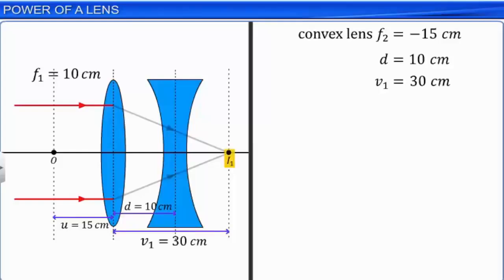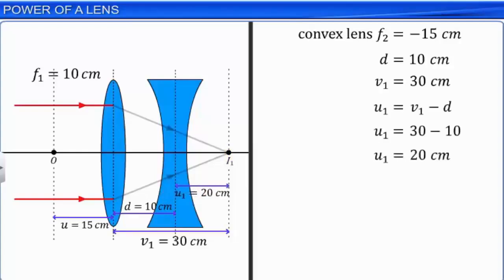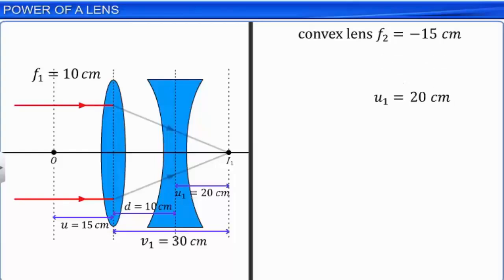If the final image is at a distance V from the concave lens, then 1 by V is equal to 1 by F2 plus 1 by U1, or V is equal to U1 F2 by U1 plus F2. On substituting the values of U1 and F2 and solving for V, we get V as equal to minus 60 centimeter.